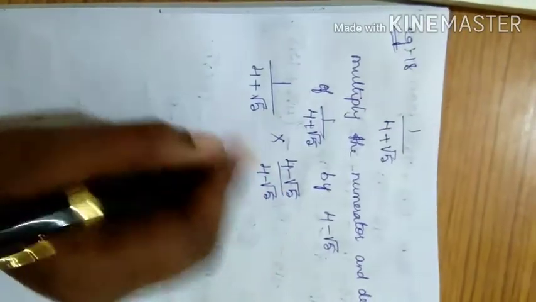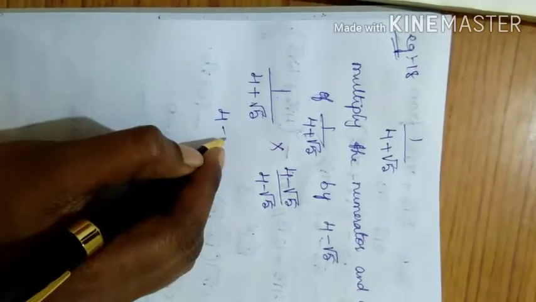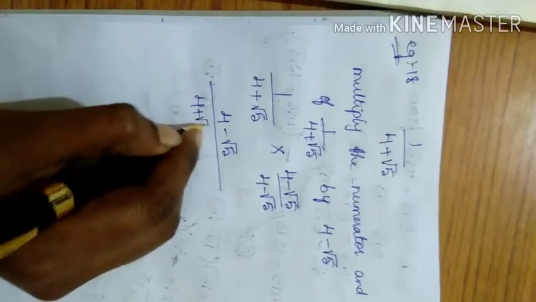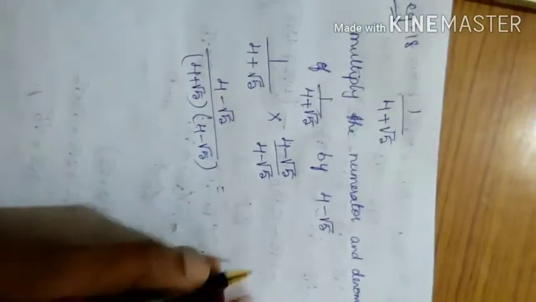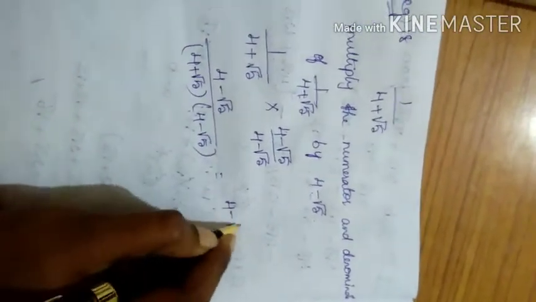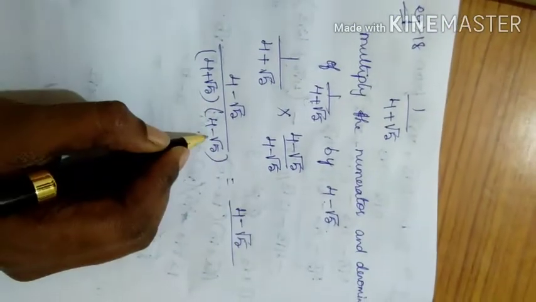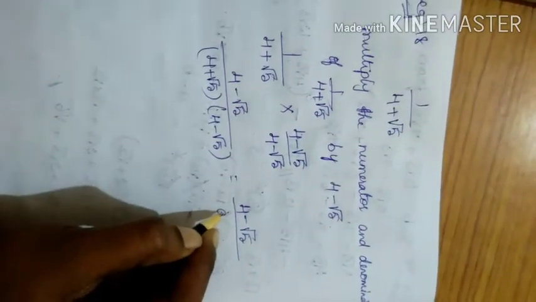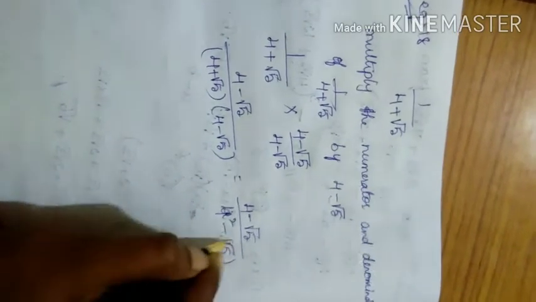Now just multiply. 1 into 4 minus root 5 is 4 minus root 5, divided by 4 plus root 5 into 4 minus root 5. If you observe, the denominator is in the form of a formula. What is that? a plus b into a minus b, that is a square minus b square, means 4 square minus root 5 whole square.